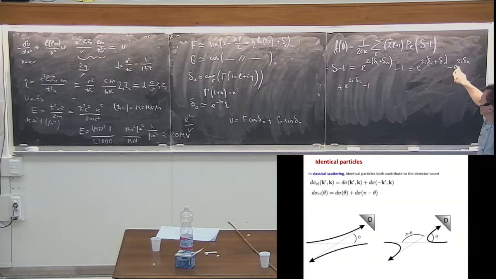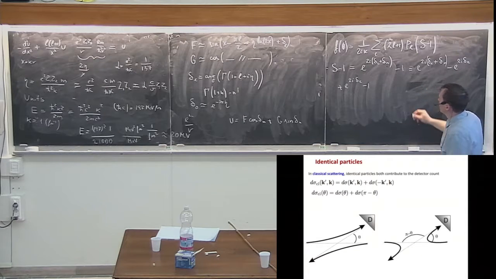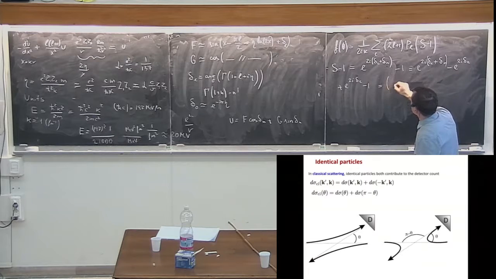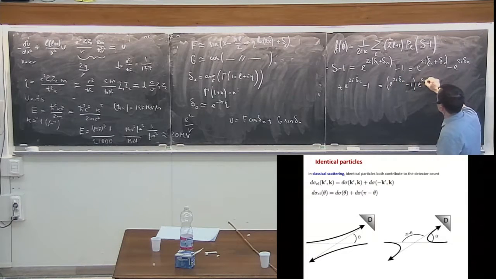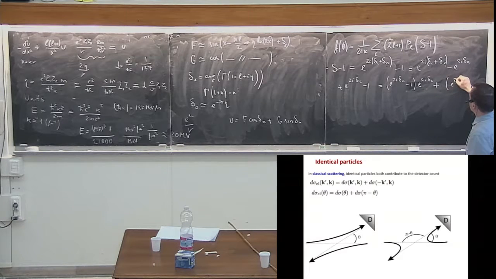So you just add and subtract the same quantity, which then leads you to the following: this is e to the 2i delta nuclear minus 1, multiplied by the same phase factor for the Coulomb, e to the 2i delta Coulomb, and then plus the pure Coulomb term, e to the 2i delta Coulomb minus 1.